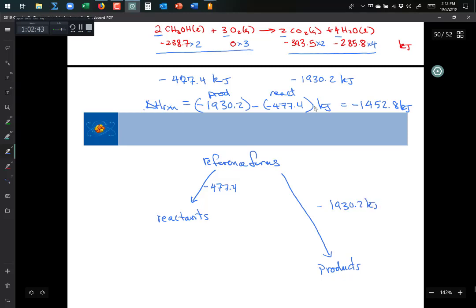If I want to know the difference of energy in reactants and products, I just have to subtract those two numbers. So that's what I did, pictorially, what I did with the numbers. To get this energy change, it's products minus the reactants.